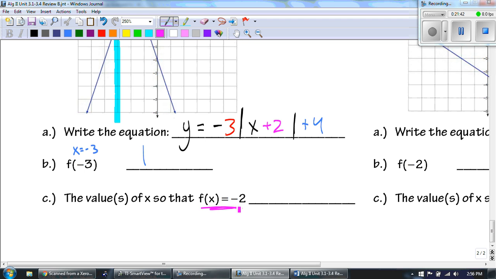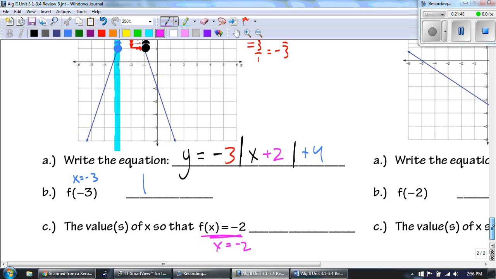Find the value so that f of x equals negative 2. I don't know x, so that means they told me the y. So our y equals negative 2. I'm going to draw the horizontal line. Find my 2 points.